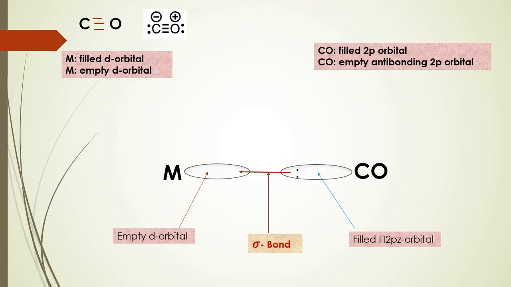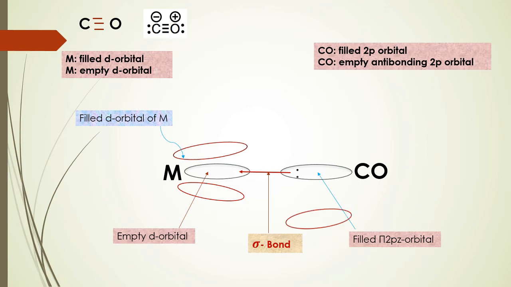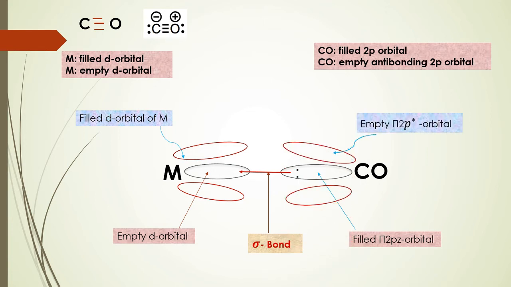In this way the ligand donates electrons to the metal to form a sigma bond. Then the metal has a filled d orbital, which overlaps with the antibonding orbital of carbon monoxide to form a pi bond. So in this way two-way bondings are formed.